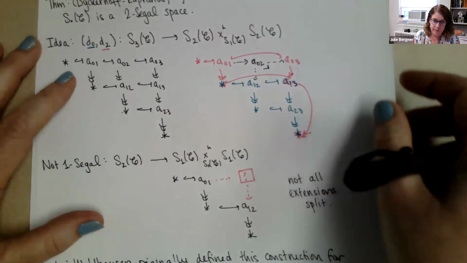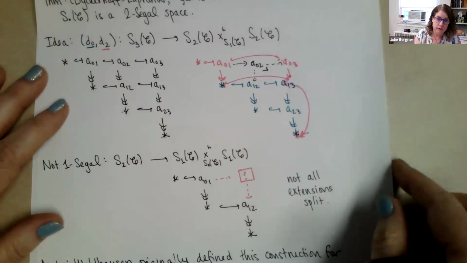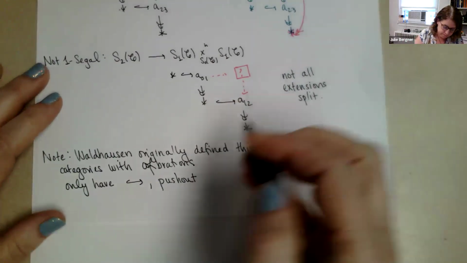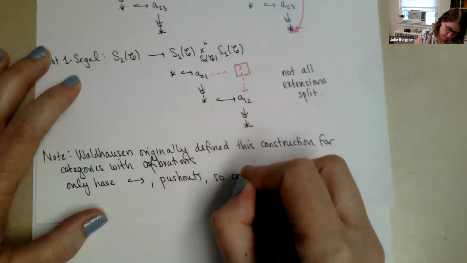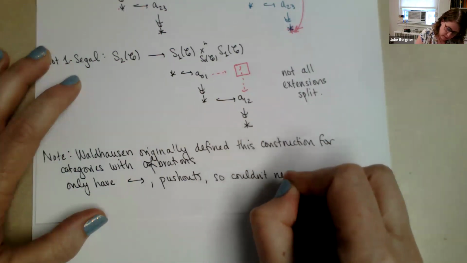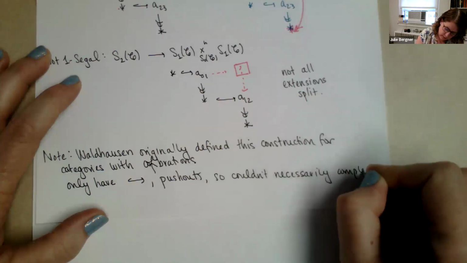So this map would not necessarily be a weak equivalence anymore. You couldn't necessarily complete this above diagram.